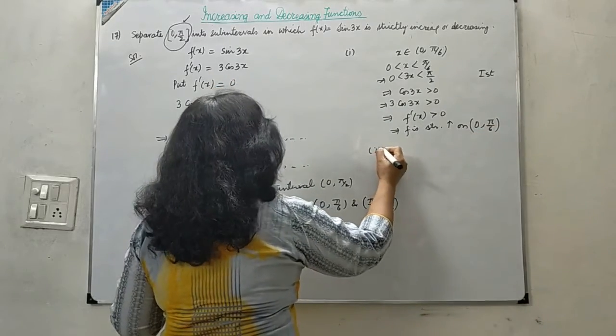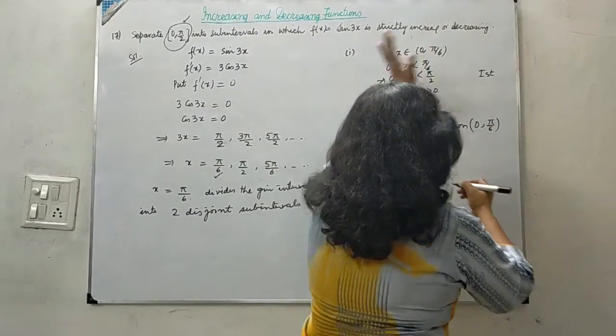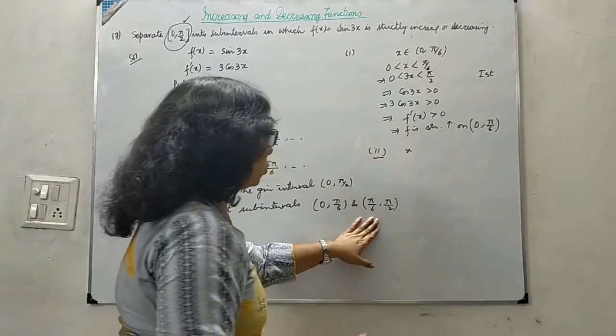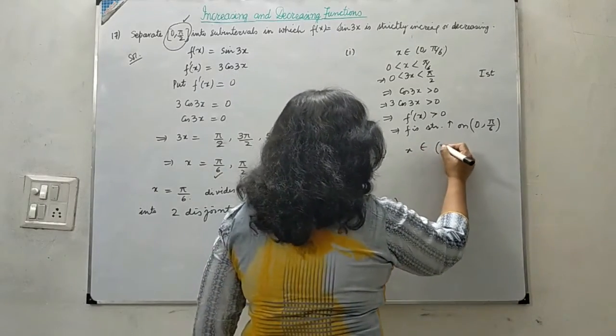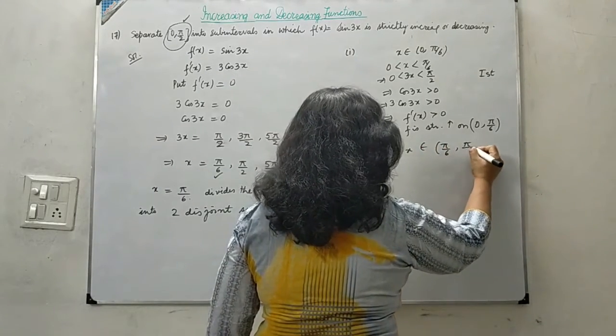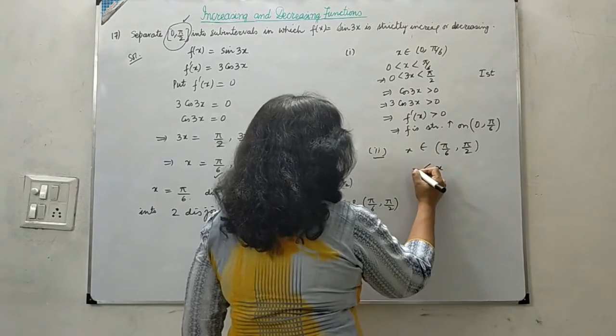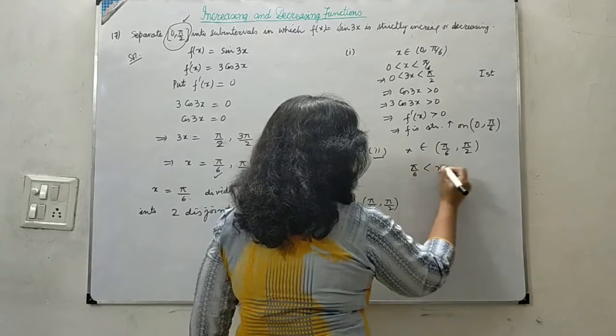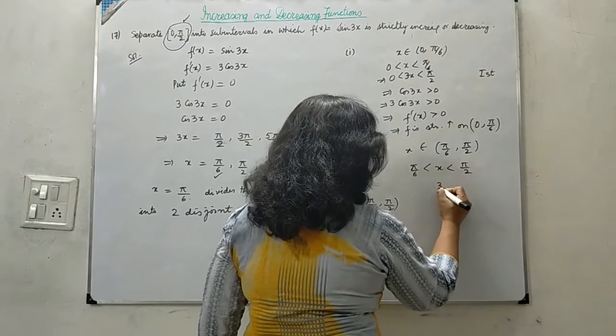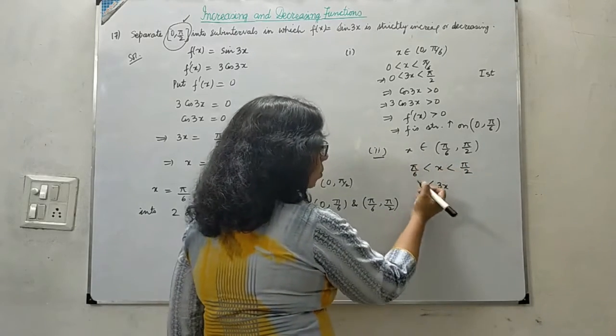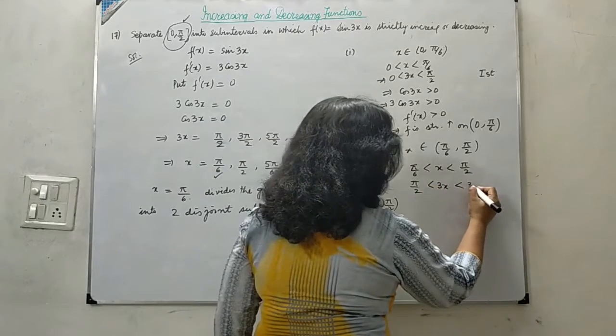Now, for the second part, if I want to check for decreasing, then x is belonging to pi by 6 to pi by 2. So, we must have 3x lying between pi by 2 to 3 pi by 2.